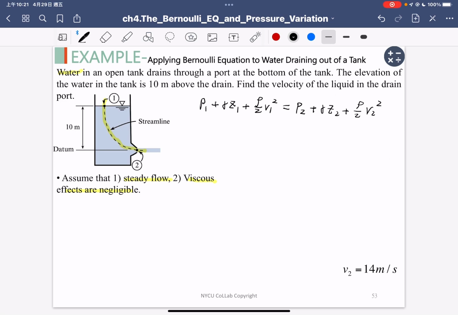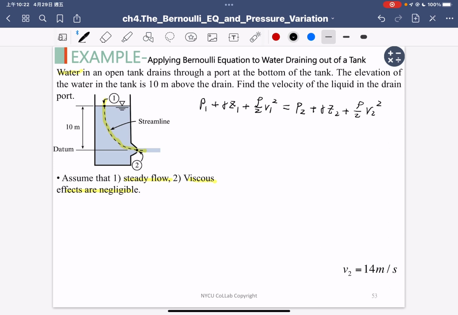Because our problem satisfies the Bernoulli conditions, the piezometric pressure plus the velocity pressure is always constant. That's why we can write the equation here.